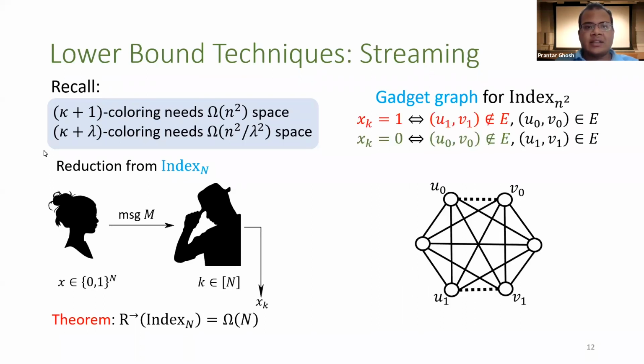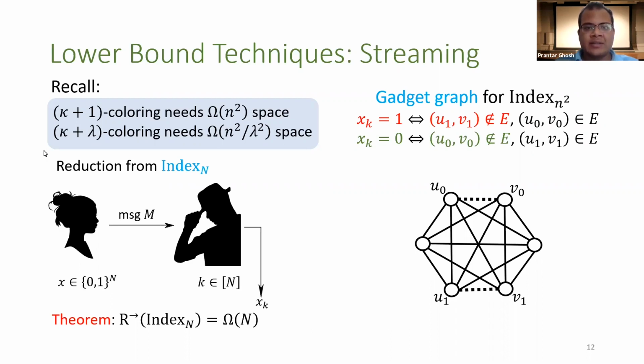Our construction ensures that the gadget graph contains this substructure, which looks like a clique with two vertices U0, V0, and another pair U1, V1, such that in the case that the bit xk is 1, we would have U1, V1 absent in the graph, whereas U0, V0 will be present.